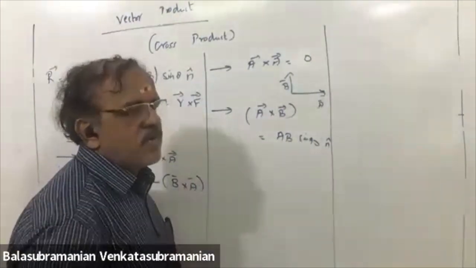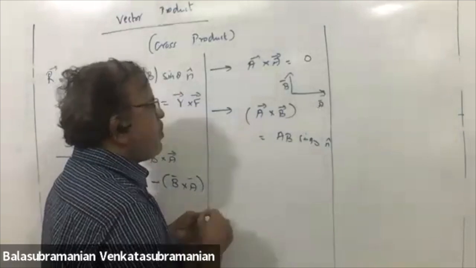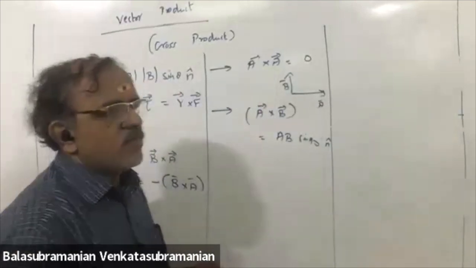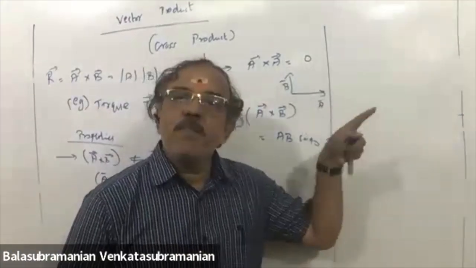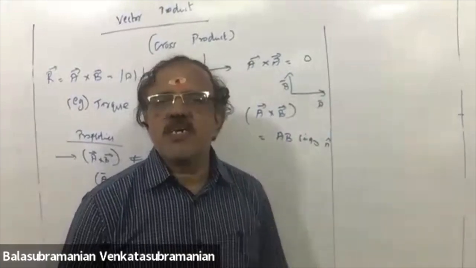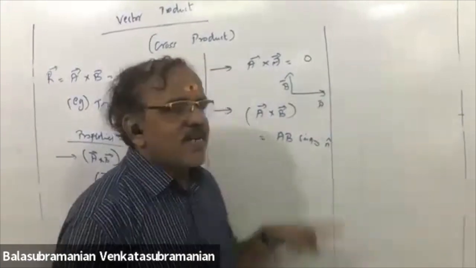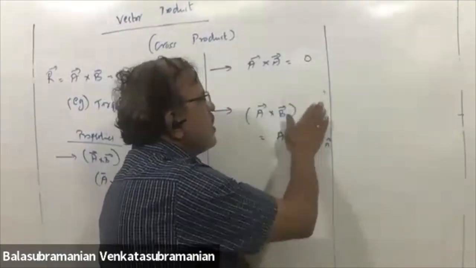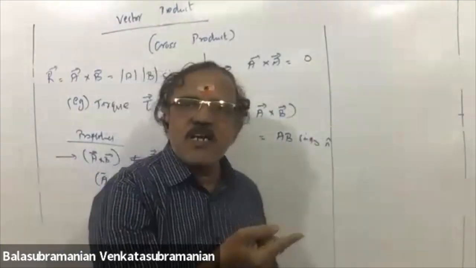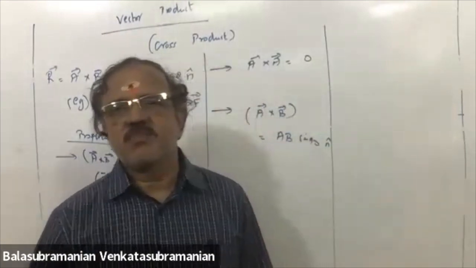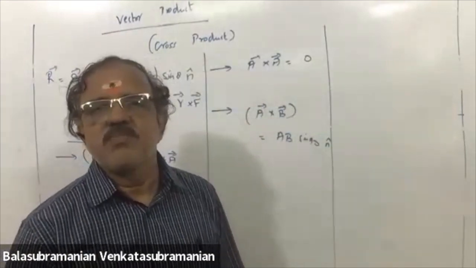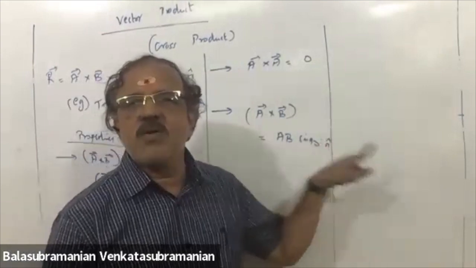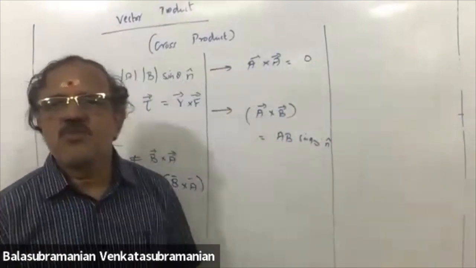So it is AB. A plus B means you can say the resultant is like the closing side of the triangle. Here, cross product of two vectors, perpendicular, theta is equal to 90. So AB.